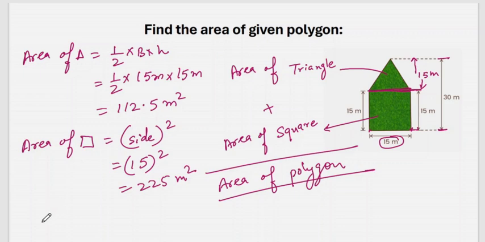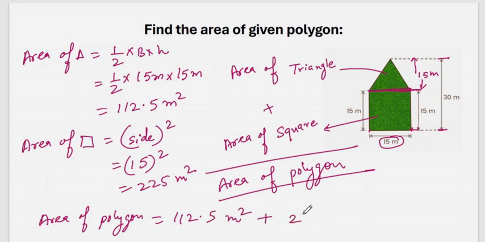Now, just add both the area of triangle and square and you will get the area of polygon. So, area of polygon equal to 112.5 meter square plus 225 meter square. It is 337.5 meter square.